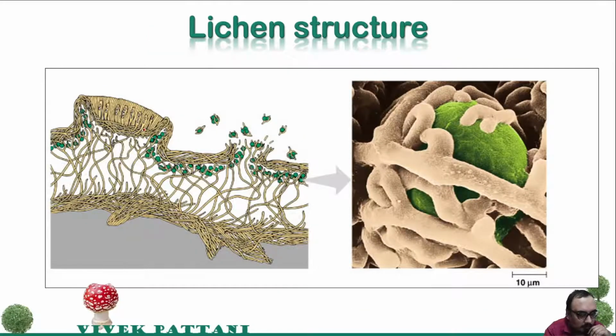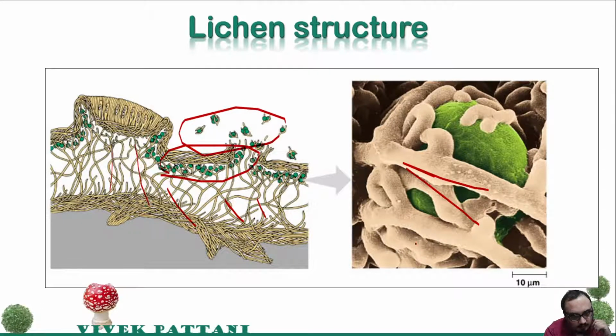Now please have a look at the structure of the lichen, where the green cells here are of algae and the rest of the filaments are of fungi. In this case, the algae is covered by a fungus.